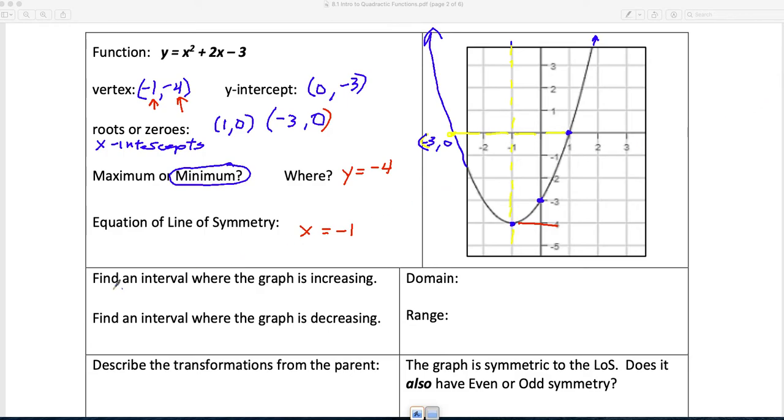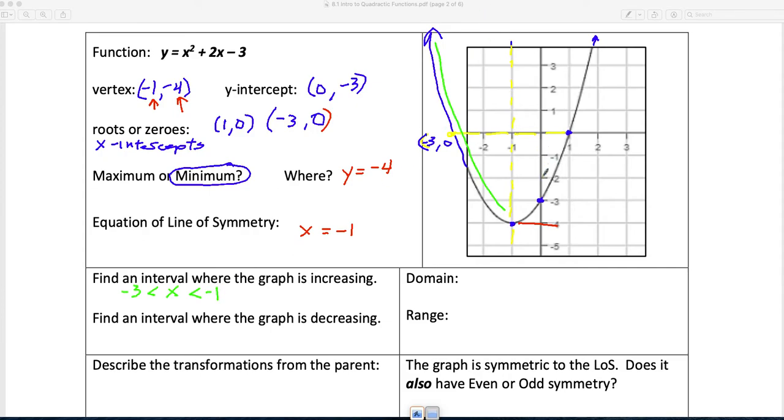Okay, so let's answer the rest of these questions. Find an interval where the graph is increasing. Okay, well, let's look and see from left to right what this graph is doing. And I'm going to do this in green. Okay, from left to right. Coming down here, what is this graph doing? It's coming down. X values don't do anything to increase, but these y values are decreasing. So we are going to write an interval, and we're looking between -3 and -1.